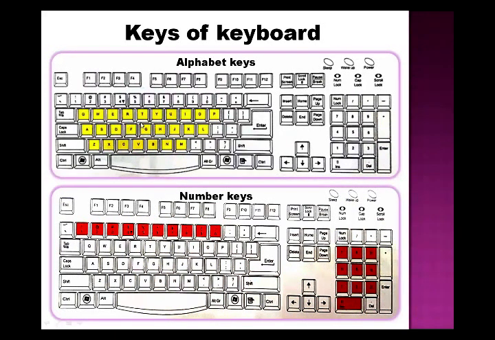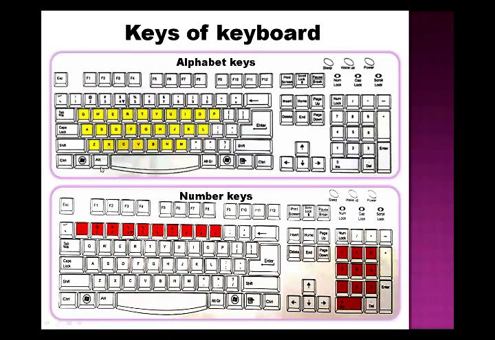Because on these keys we see alphabets like A, B, C. That's why we call them alphabet keys. If you write a word and a sentence on the monitor, you are using the alphabet keys.